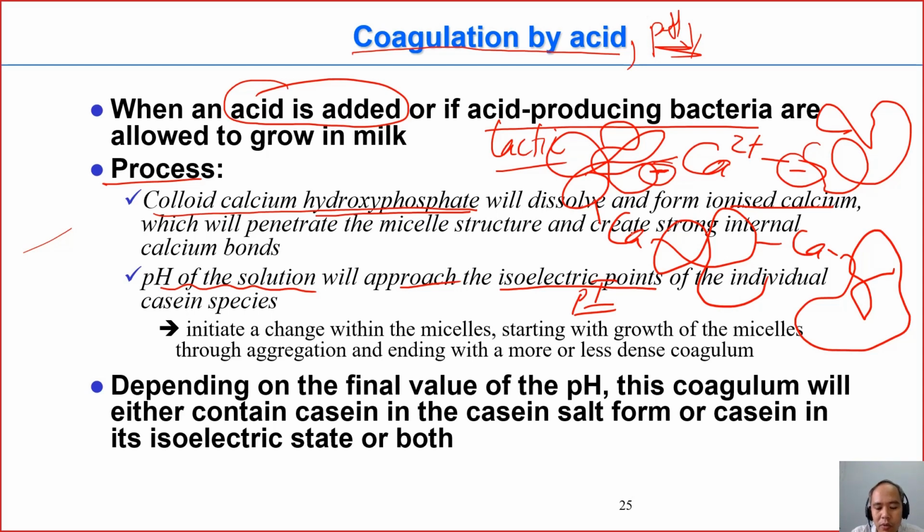It depends on the protein. For several proteins, even at pI value, they are not coagulated, but for casein, they are. They are coagulated at pI, and the pI value of casein proteins is 4.6. Meaning at pH 4.6, they will coagulate. They are not soluble. We just explain a little bit here why at pI they are coagulated.